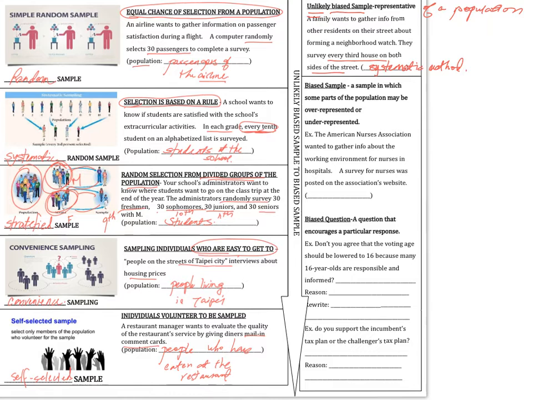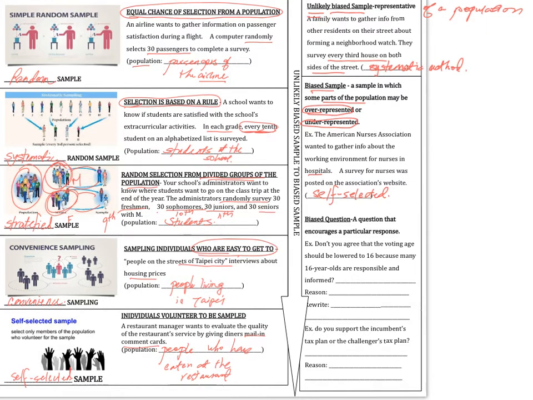And then we have the biased sample. It's a sample in which some parts of the population may be overrepresented or underrepresented, meaning just going to get too much of it or too little of something. So for example, the American Nurses Association wanted to gather information about the working environment for nurses in hospitals. A survey of the nurses was posted on the association's website. Well, this will be considered a self-selected sample.